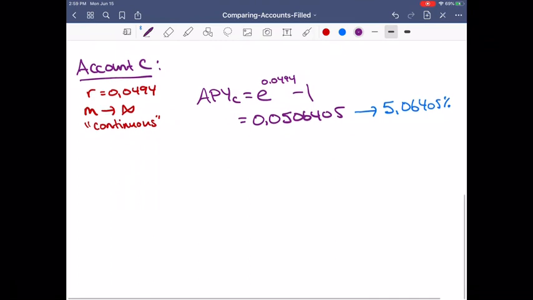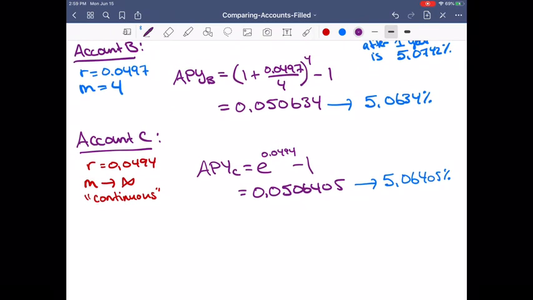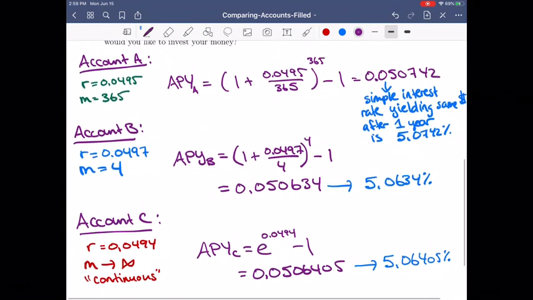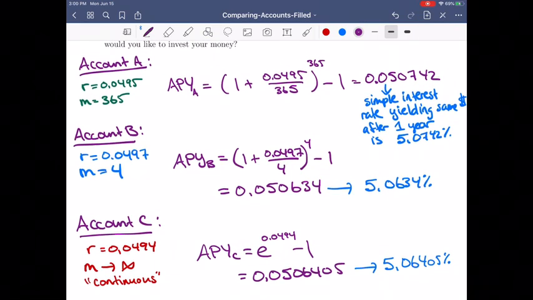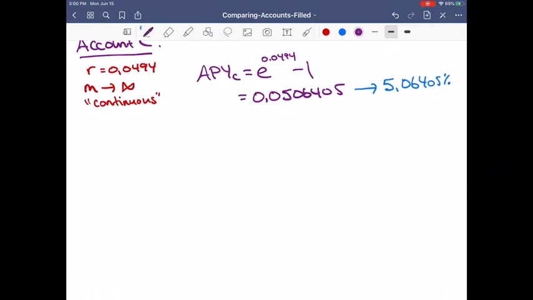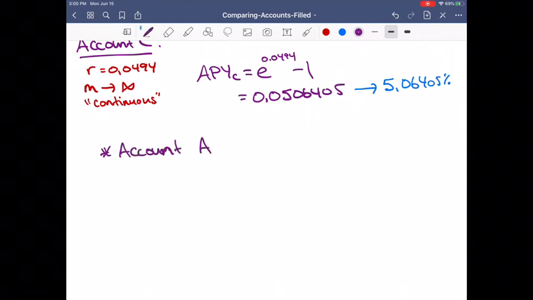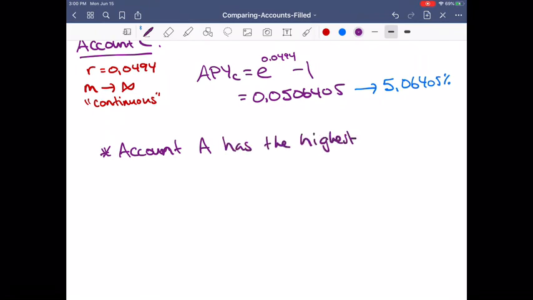So we would conclude account C is slightly better than account B, even though B has the highest interest rate. The compounding periods sort of make up for it. So it's better than account B, but account A actually has the highest one. It has a lot of compounding periods, and the interest is one of the higher ones anyway. So we would conclude that account A has the highest APY value.